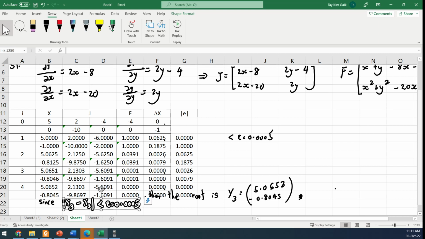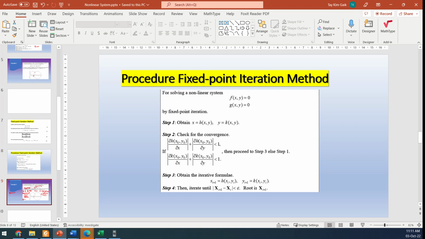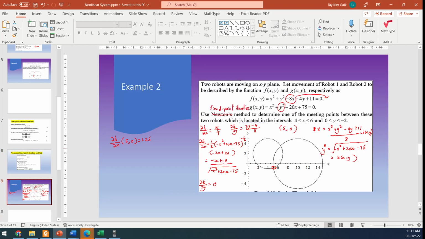And Newton's method is quite easy for finding another root by changing the initial condition. However, if you want to find the root on the top, with Newton's method you just change the initial condition.